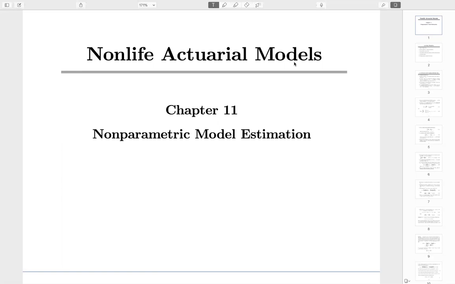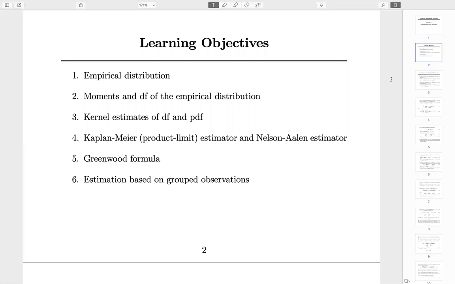Okay, with that said, we're going to venture into a new chapter, chapter 11. The goal of this chapter is to study non-parametric distributions. So basically, how can we estimate the information we want from a given sample?